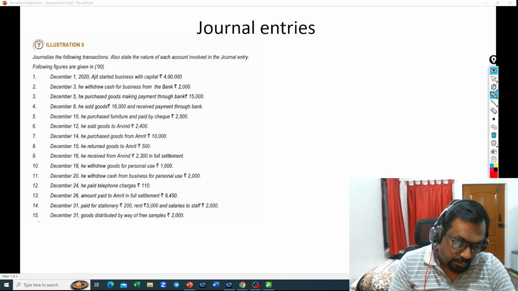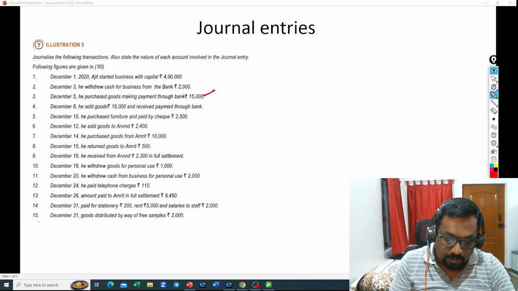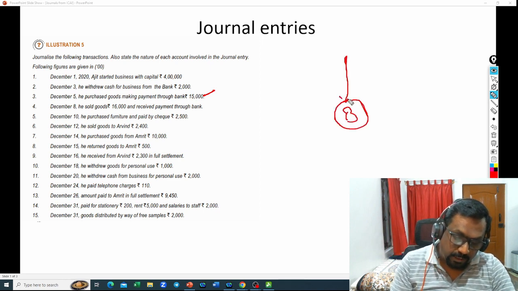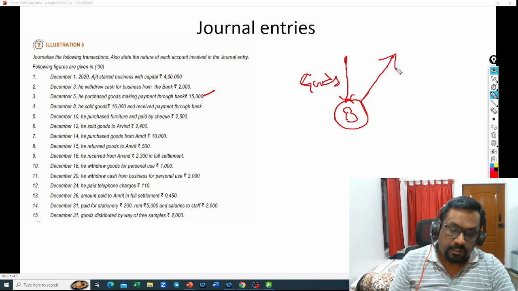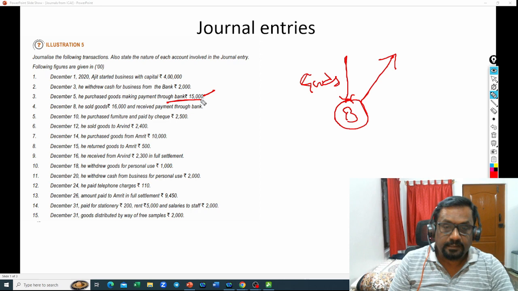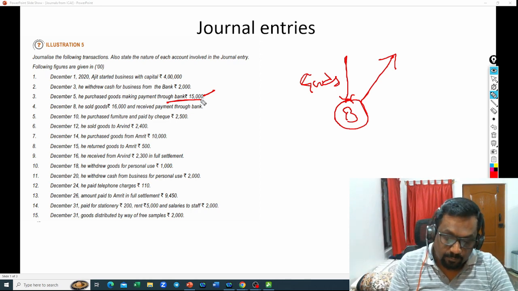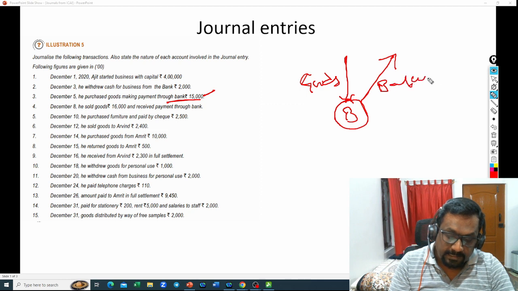He purchased goods and made payment through bank. Ajit purchased goods, that means the business purchased goods. When we purchase goods, what comes in? Goods. What goes out? Here he purchased it through bank, so our bank, in the sense the business bank, paid this amount. Who is the giver here? The banker is the giver.